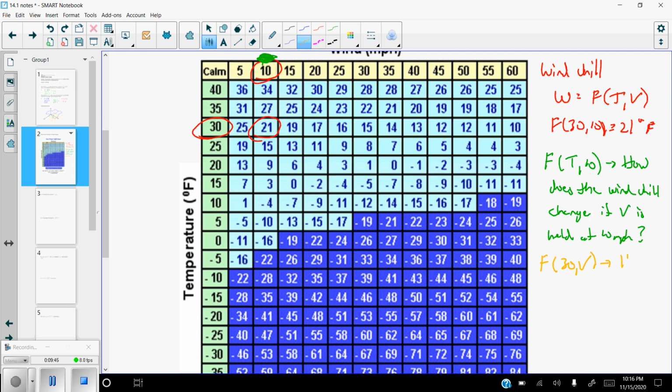So what we're trying to find here is, how does the wind chill change if the temperature is held at 30 degrees Fahrenheit? Okay, so hopefully that makes some kind of sense. That's mostly a notational thing.